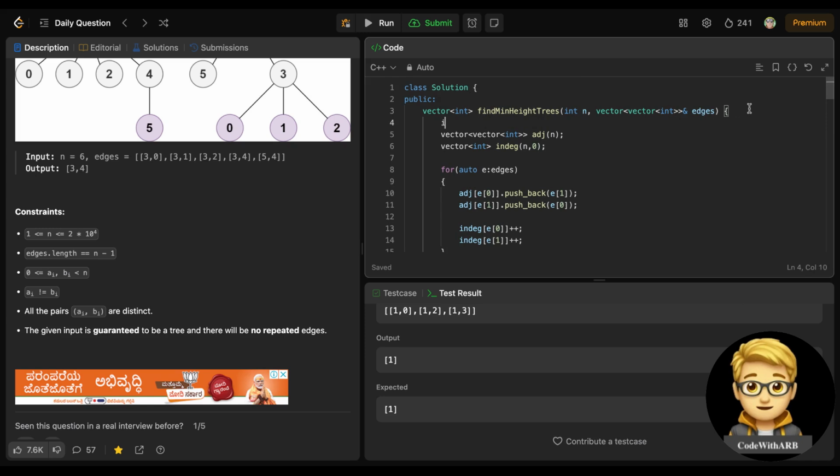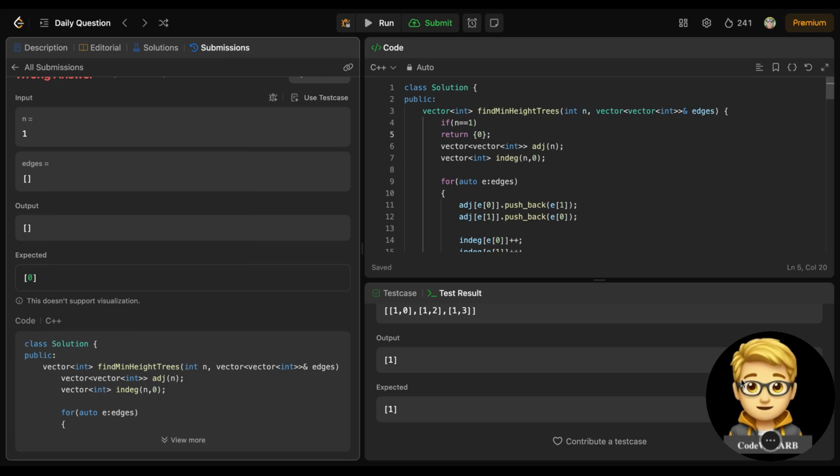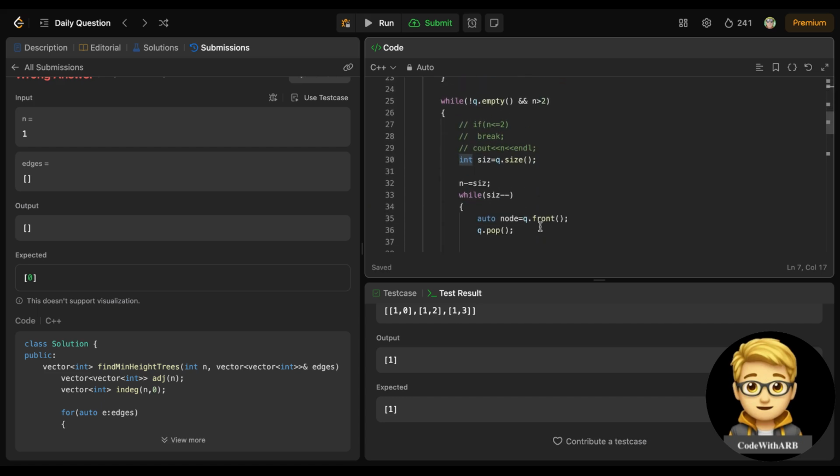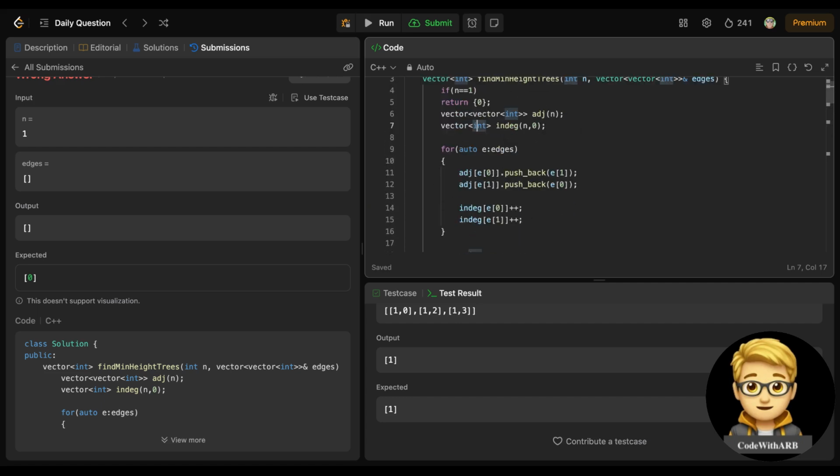So if n is equal to 1, in that case I will simply return 0, because if there is only one node, the answer will be 0, as there will be no edges and no height of tree, so that will be the minimum possible value. But in our case, the answer is an empty value.